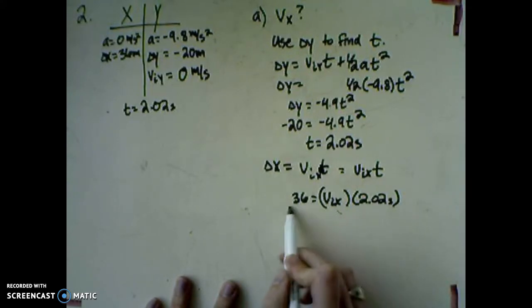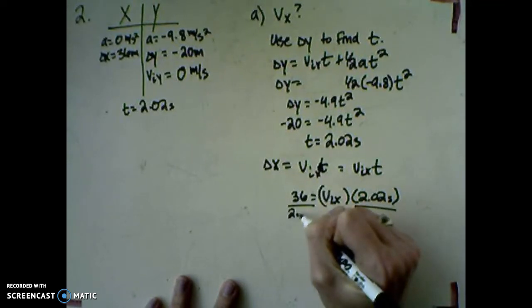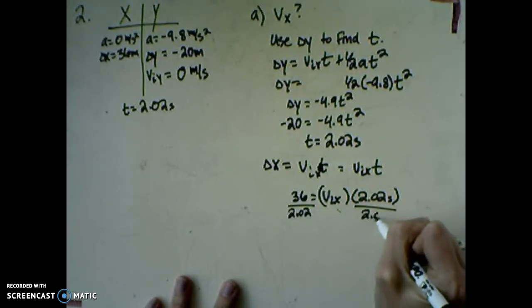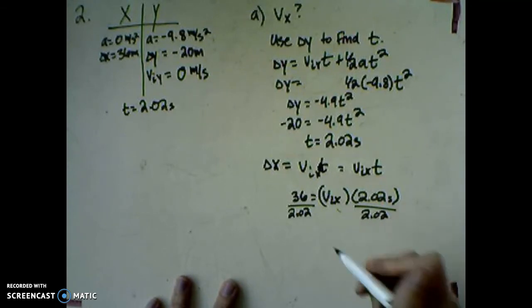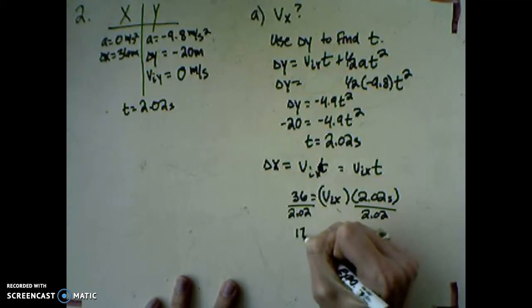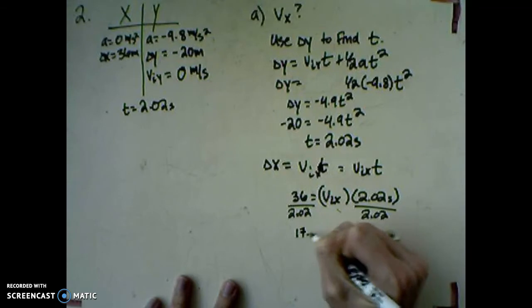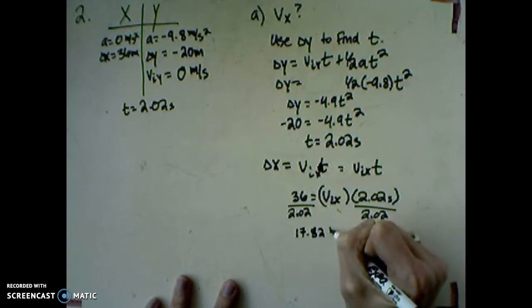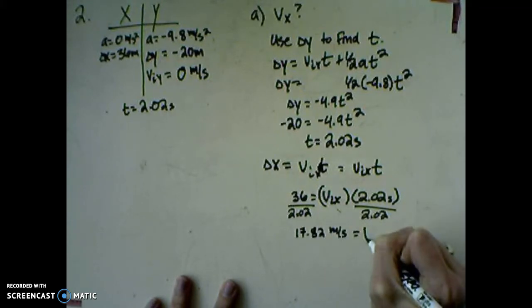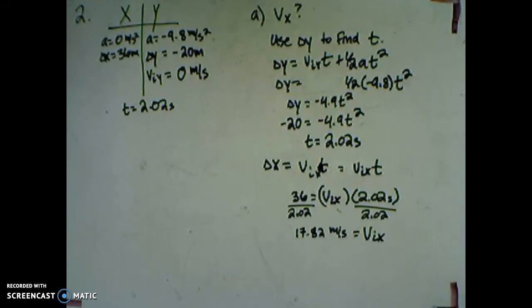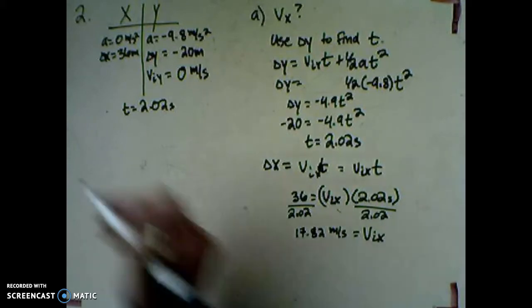If I divide both sides by that 2.02 seconds, I get a velocity initially in the x direction of 17.82 meters per second. So that is my initial velocity in the x direction, and I can see that's what the key gives me.